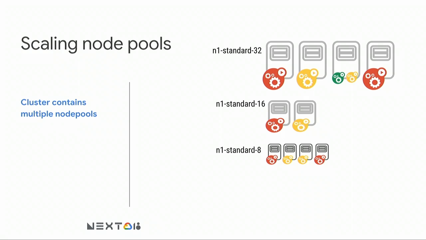And through this, the Cluster Autoscaler does a little bit different job, right? It is monitoring the state of the entire cluster, but whenever there is a pending pod, it's actually simulating the action of the scheduler across all of the node pools.